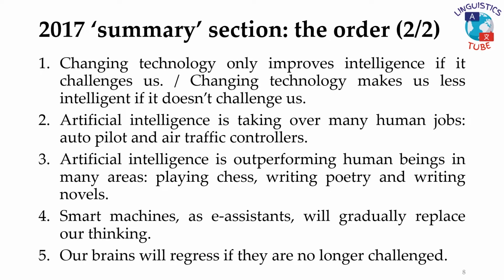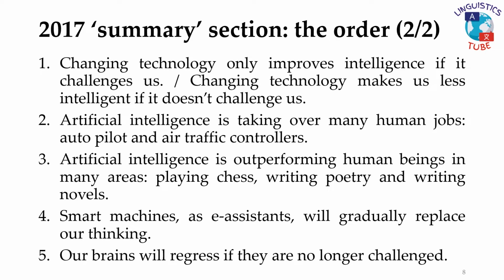Secondly, artificial intelligence is taking over many human jobs, autopilot and air traffic controllers. I have included the article's examples here. You can choose to include them or exclude them in your summary.